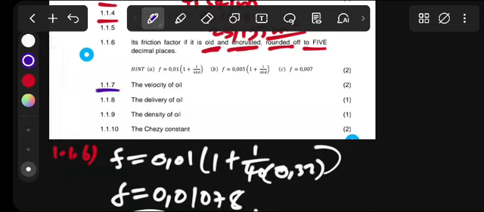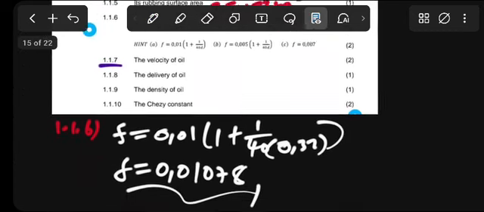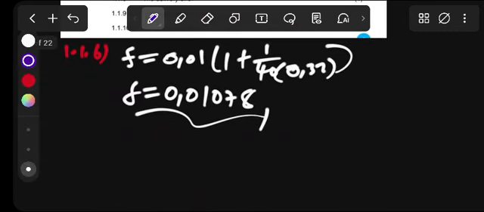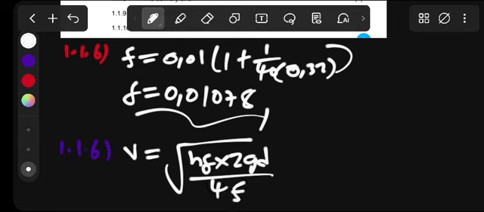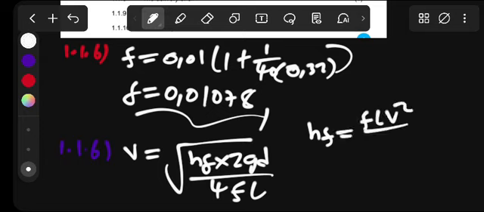All right, so let's go to the velocity of the oil. I just made it the subject of the formula. We have HF multiplied by 2GD divided by 4FL. Remember from this formula, guys, HF is equal to FLV squared over 2GD.